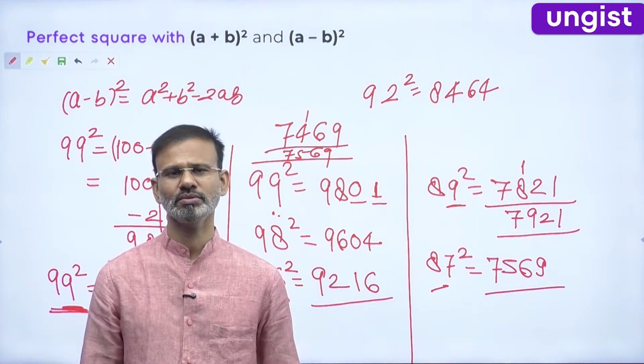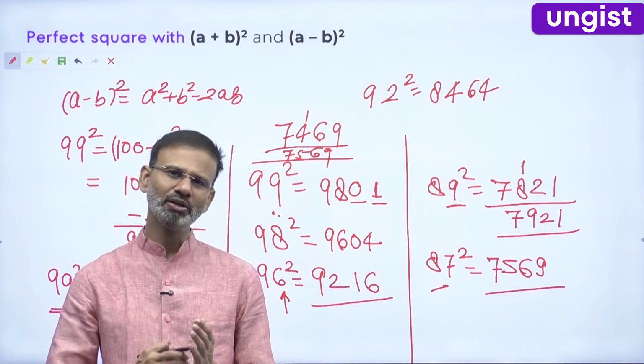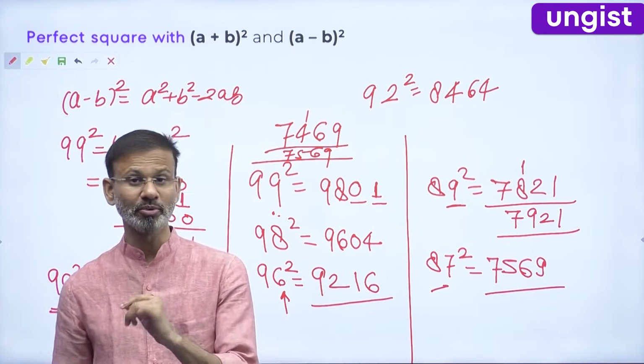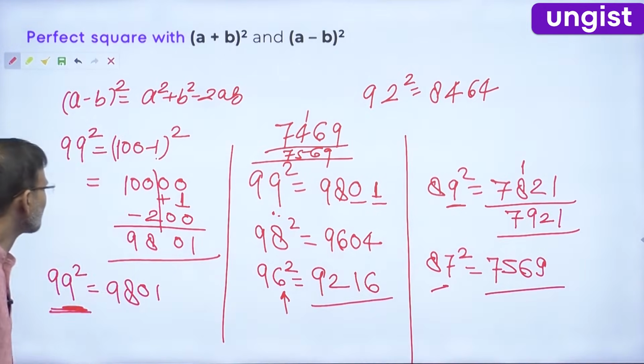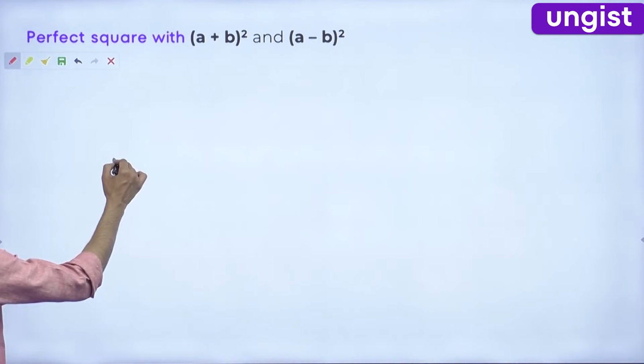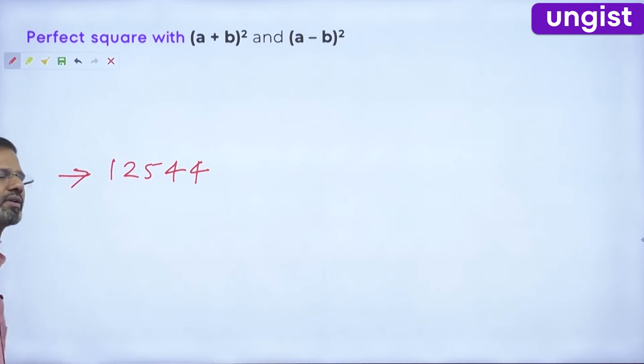Friends, now, just by looking at the last 2 digits of a number that is a perfect square, right? Okay, suppose that I'm writing a number. This number is 12544.